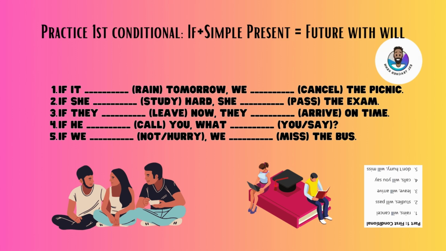Number 1. If it blank rain tomorrow, we blank cancel the picnic.